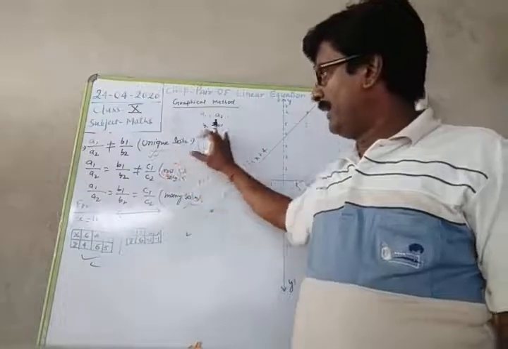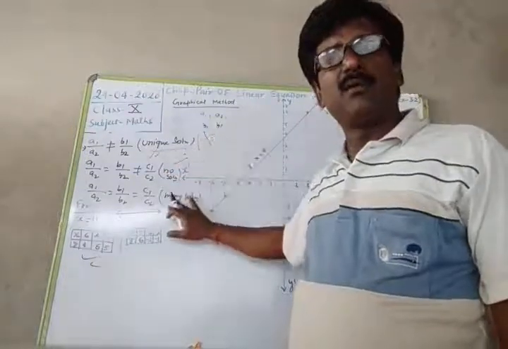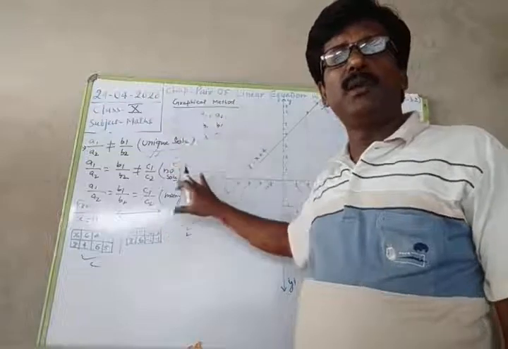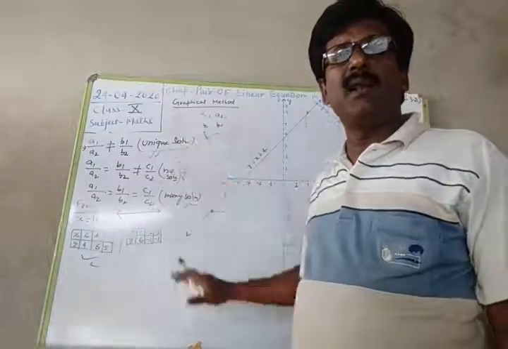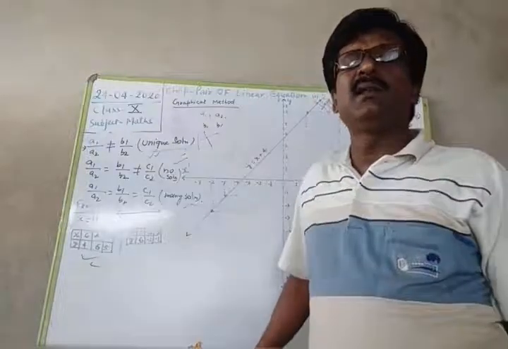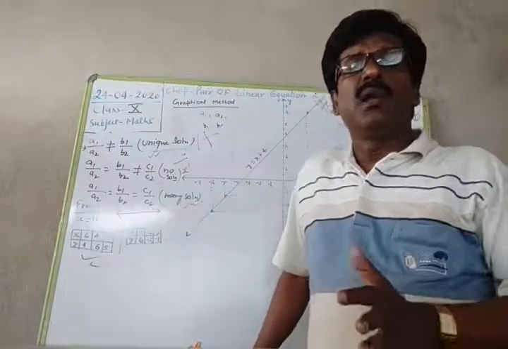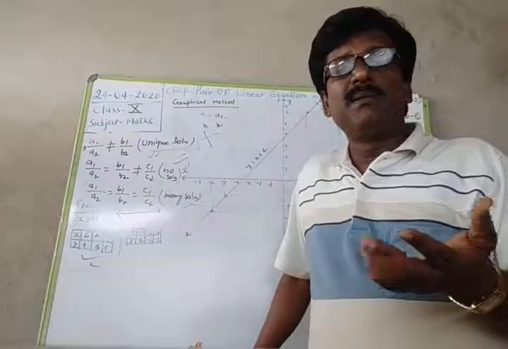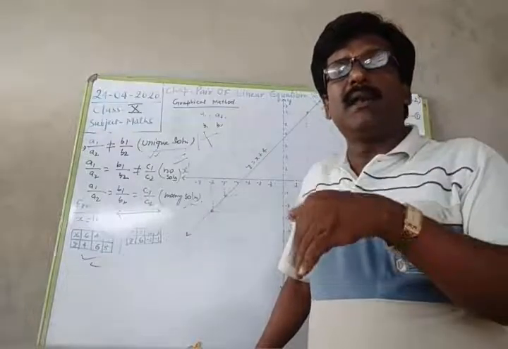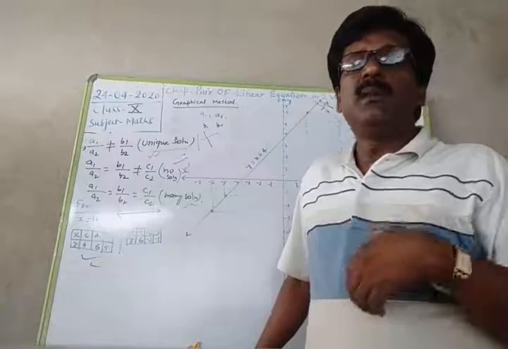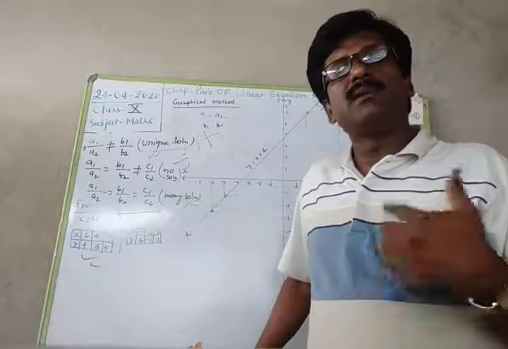So whether intersecting lines or coincident lines, both will be consistent. And if the lines are parallel, then that will be inconsistent. Inconsistent means no solution, and consistent means at least one solution. So whether we get intersecting lines or coincident lines, both are referred to as a consistent system.